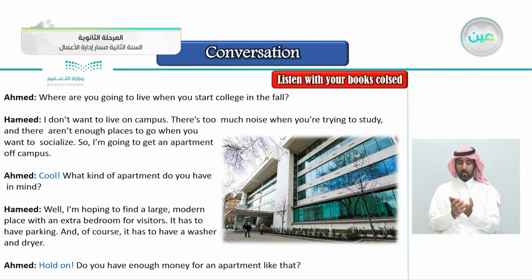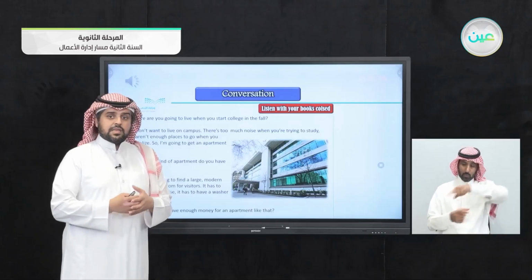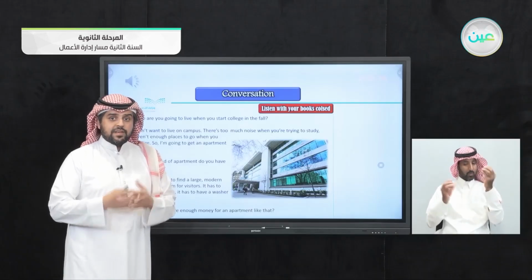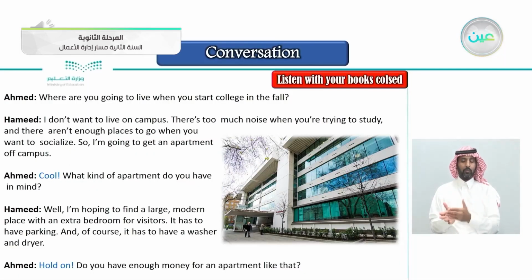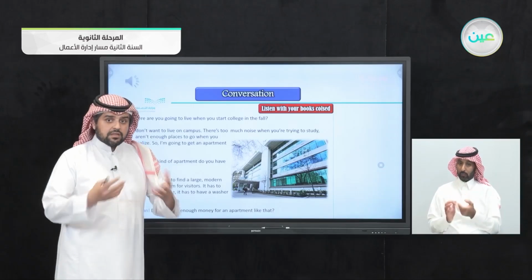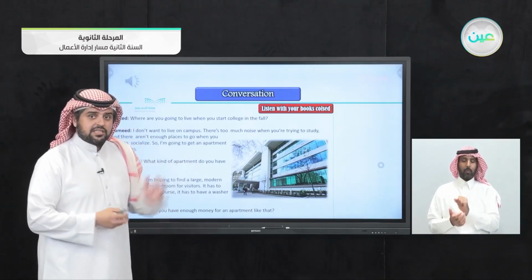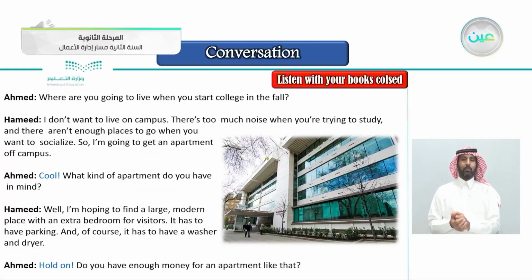And of course, the apartment must be very expensive to have all of these facilities. That's why Ahmed says, hold on, do you have enough money for an apartment like that? So he's asking, do you have enough money for the rent? Let's continue and find out what the answer is.